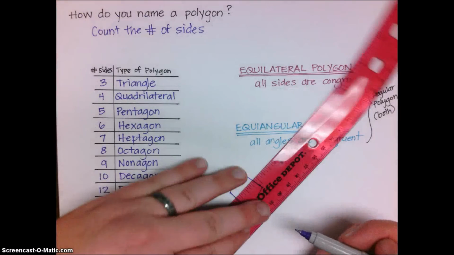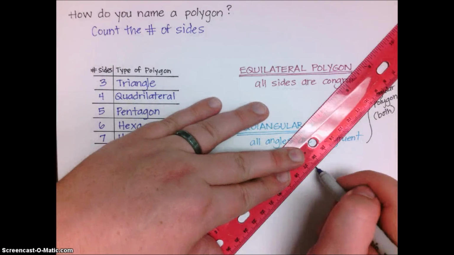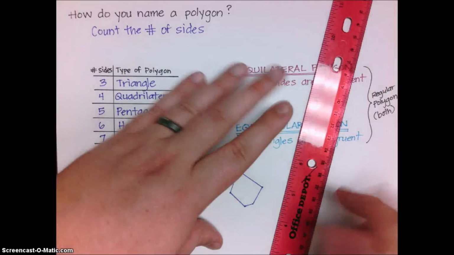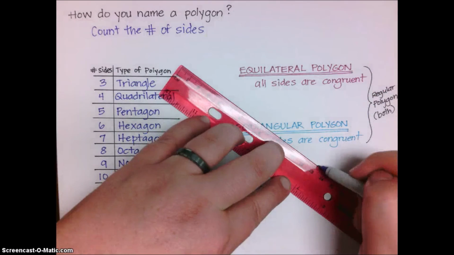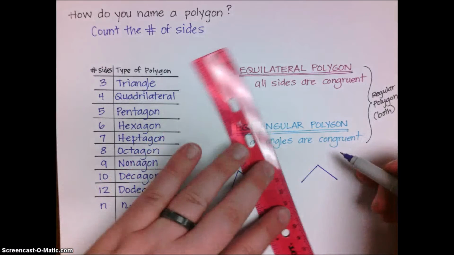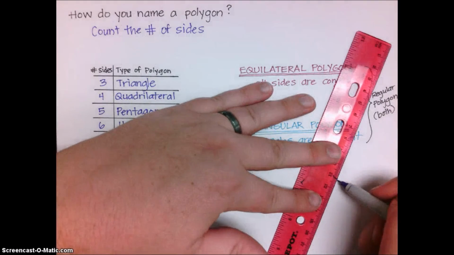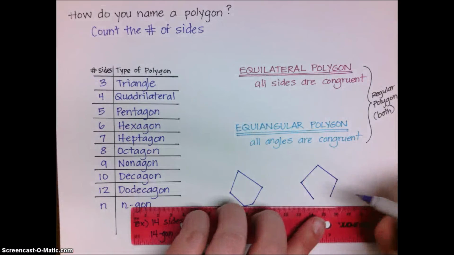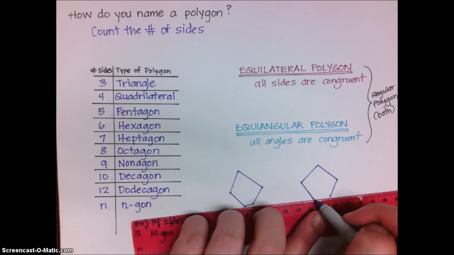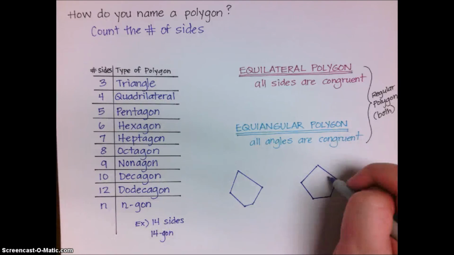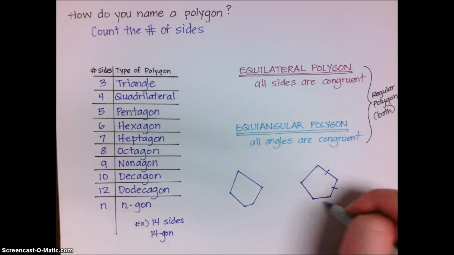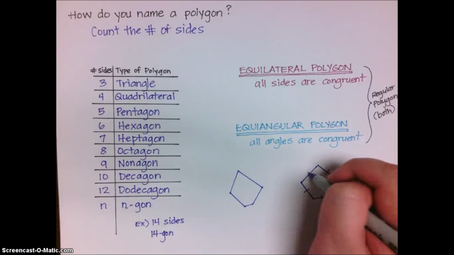If I wanted to draw a regular pentagon though, I would need to draw a shape, and this is my sketching of it, but I would need to draw a shape where all 5 sides were the same length. And the way that in geometry we're going to show that all 5 sides are the same length is by putting a little slash through that side.